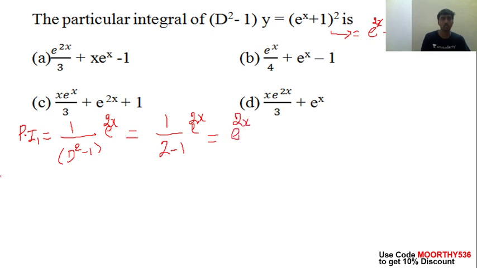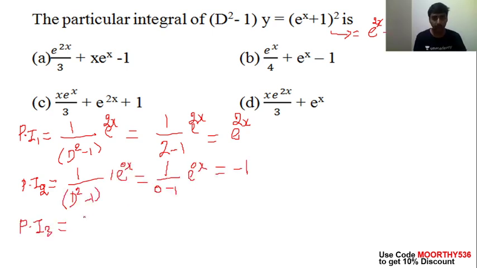Then PI2, the particular integral 2, is equal to 1 divided by D square minus 1 into 2 into e power x.